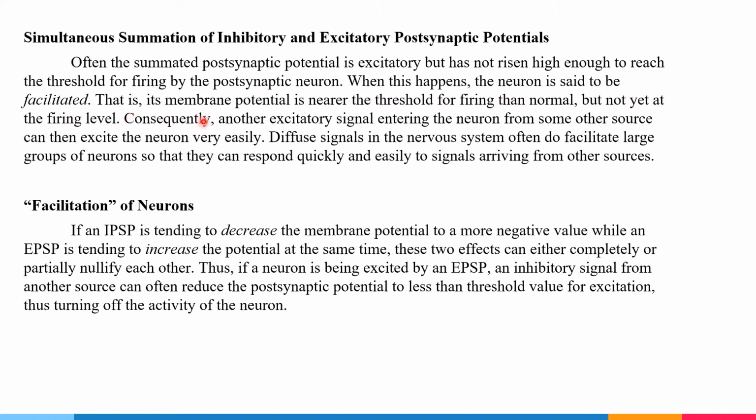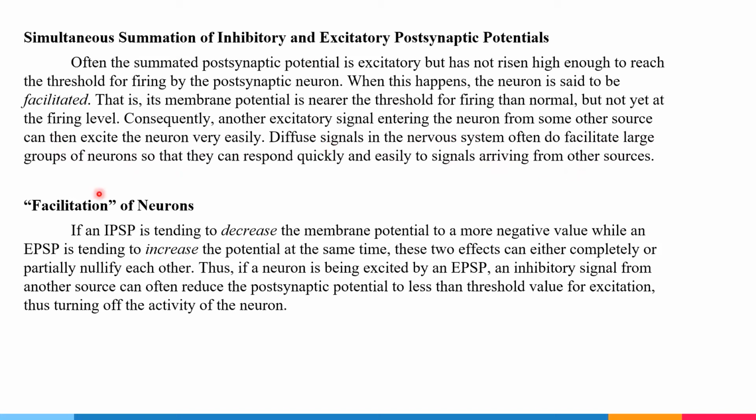That is, its membrane potential is nearer the threshold for firing than normal, but not yet at the firing level. Consequently, another excitatory signal entering the neuron from some other source can then excite the neuron very easily. Diffuse signals in the nervous system often do facilitate a large number of neurons so that they can respond quickly and easily to the signals arriving from other sources.